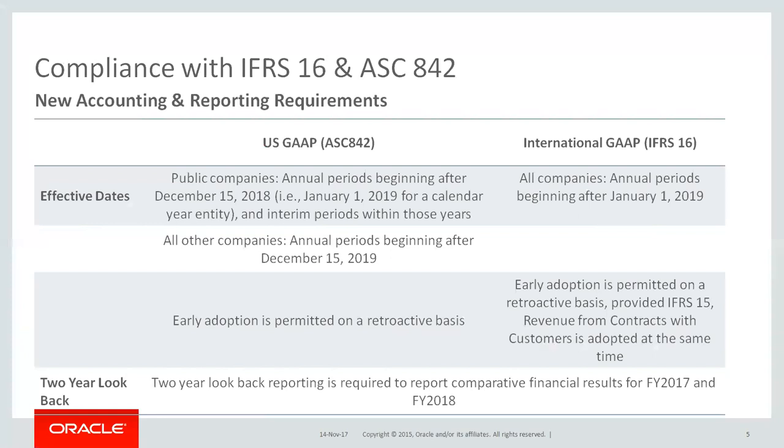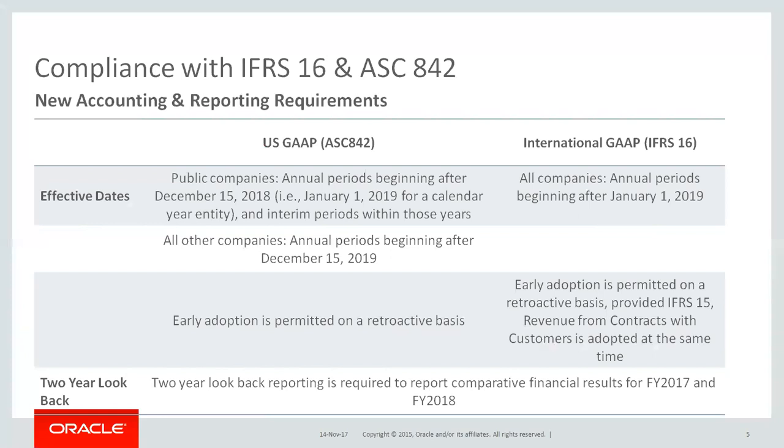These reports are called comparative balance sheets and comparative income statements. So the customers who take the full retrospective method are also needed to report for 2 years, and this period is called the look back period. If somebody is following the FAS, the look back period is 2 years, and if somebody is following the IFRS, the look back period is only 1 year.